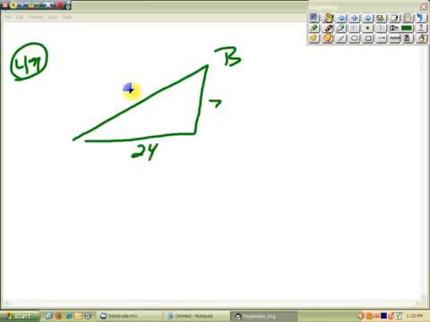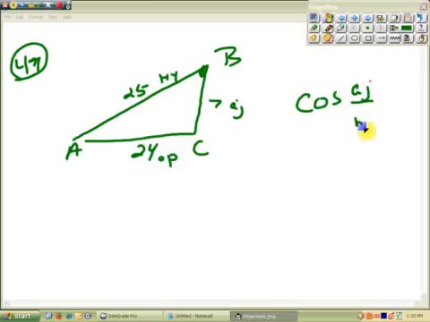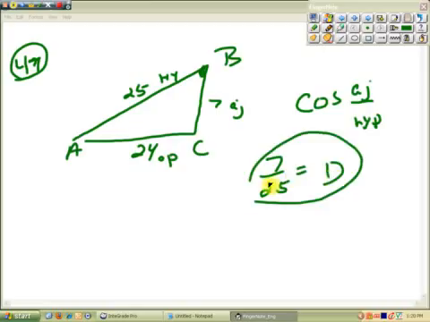They just want the fraction, the correct ratio that comes from the cos of B. Well, here's B. And cosine, remember, this side is opposite, this side is adjacent from B, and this side is the hypotenuse. Cosine is adjacent over hypotenuse. So our answer is going to be 7 over 25, which is D on our practice midterm.